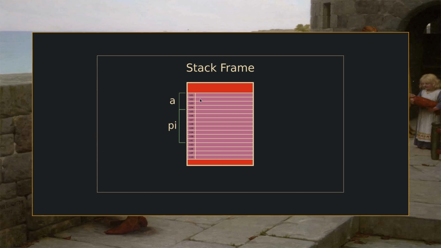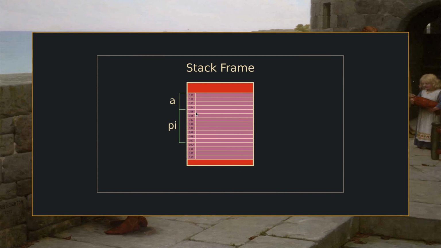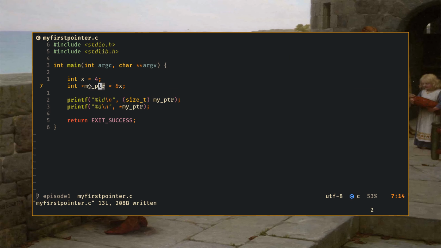The x itself is going to contain the number 4, but the address of x is 101, the address of the beginning of the variable in memory. So if we're using this stack frame as our example, we are storing 101 inside of this pointer.